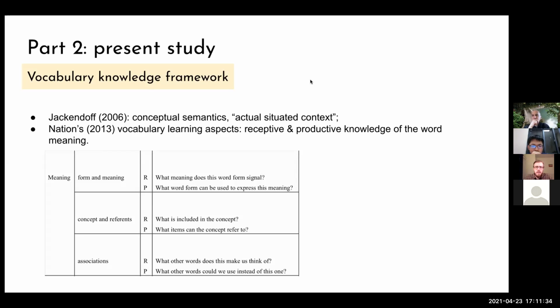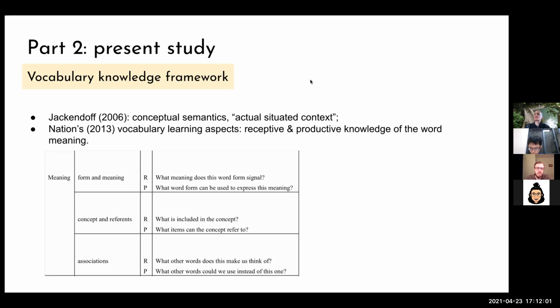To operationalize the conceptualization, we also refer to Nation's vocabulary learning series, where he argues that form, meaning, and usage are three important aspects of learning vocabularies. And he also proposed that for each detailed learning stage, both receptive and productive knowledge are prioritized here.